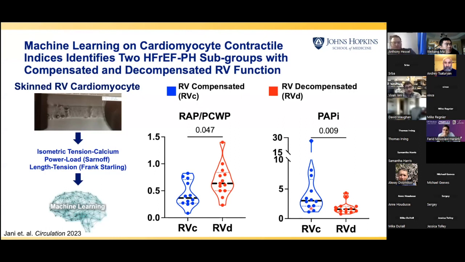This is quite interesting because now we're able to predict clinical RV function simply from cardiomyocyte contractile indices in skinned cells. But the question is, which of our contractile indices, or which combination of contractile indices, is really underlying what we can predict?